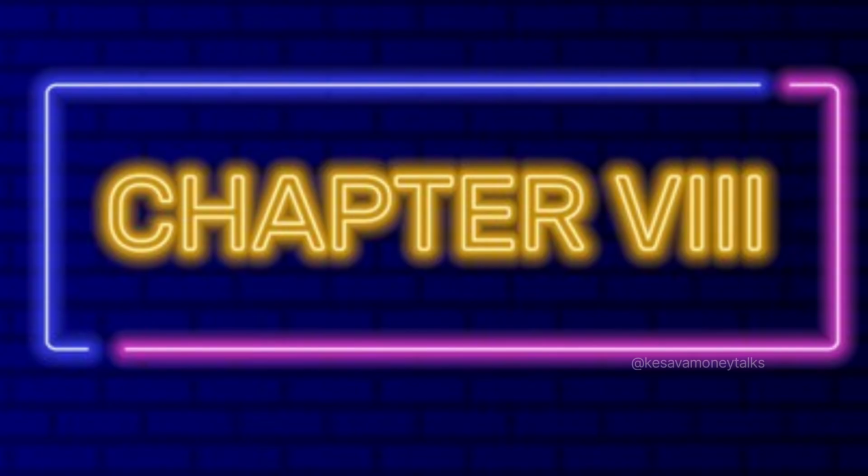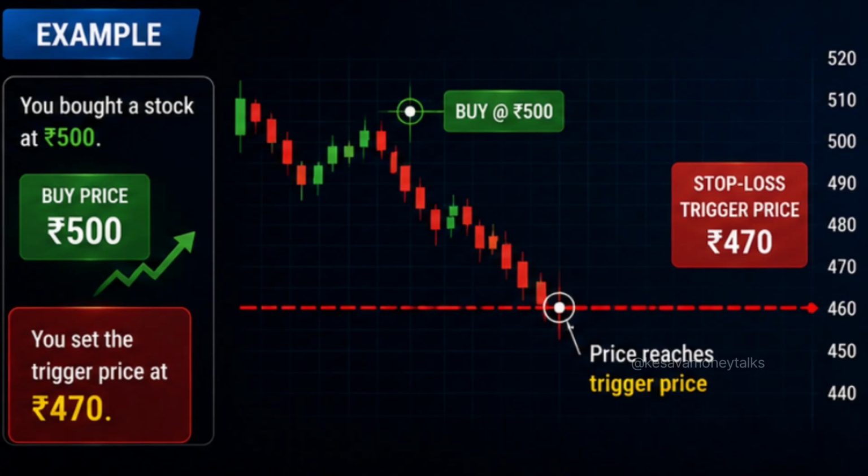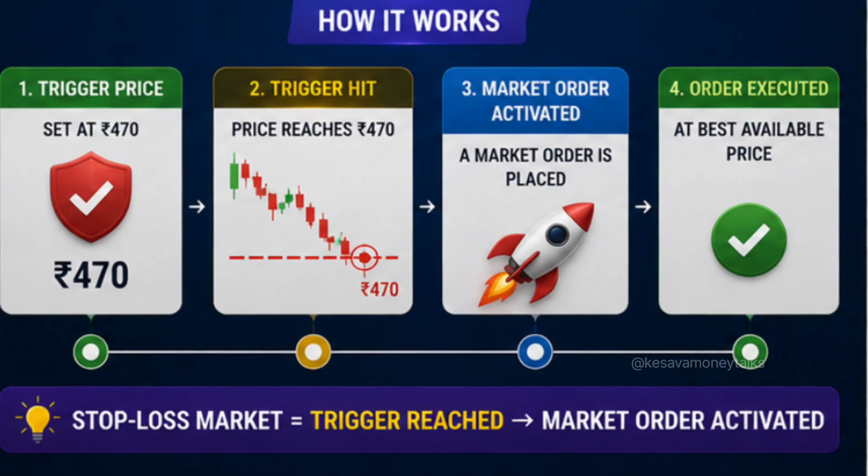Chapter 8, stop loss market order. A stop loss market order has two important parts: trigger price and then a market order. Example, you bought a stock at 500 and you set the trigger price at 470. If the stock reaches the trigger price, the order is activated and becomes a market order.